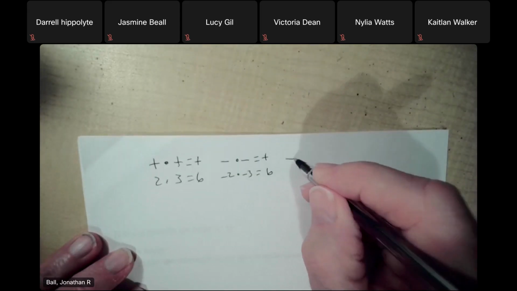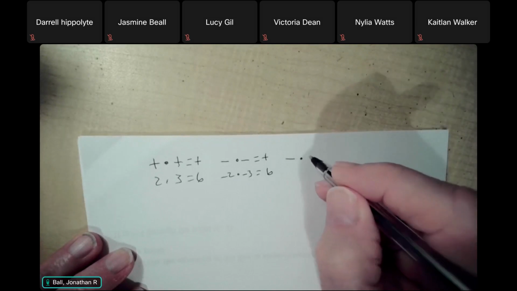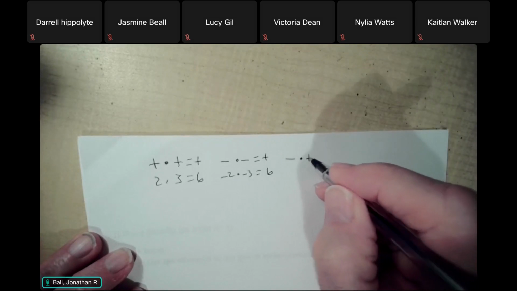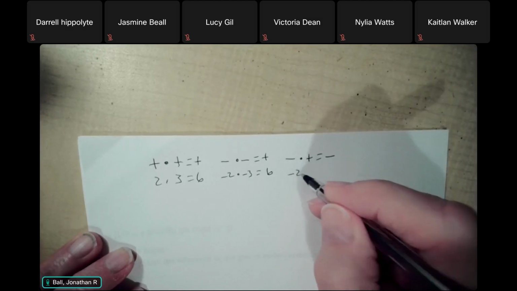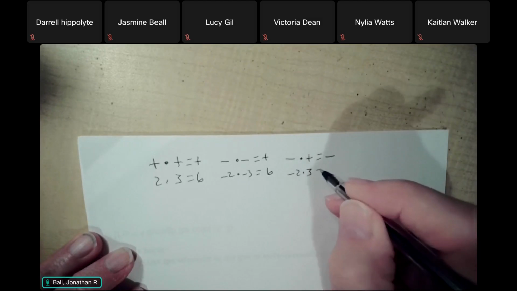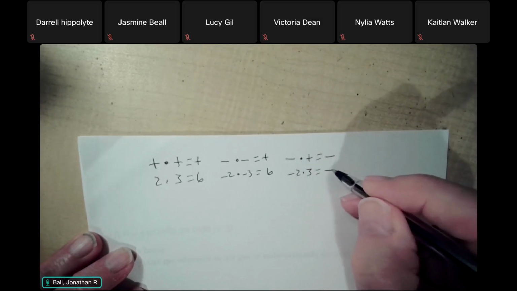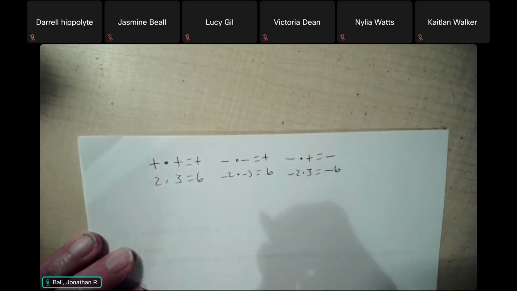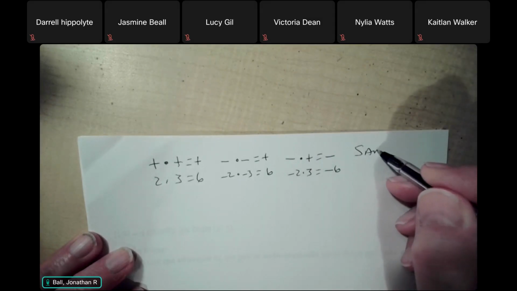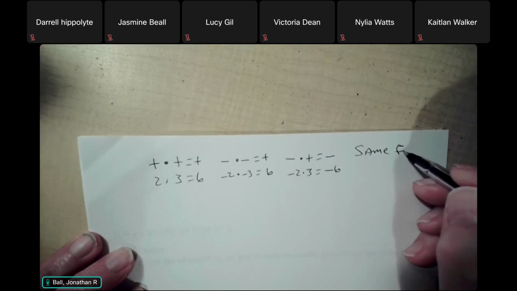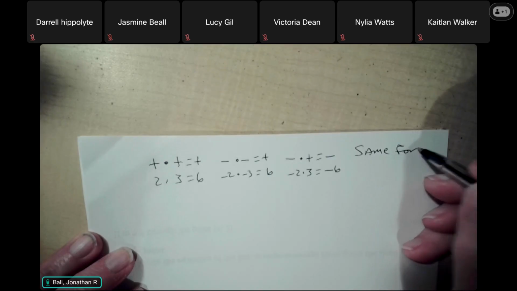Now, if one of the numbers is negative and the other number is positive, the answer is negative. So if you have negative 2 times a positive 3, that is a negative 6. Now, these rules are the same for division.